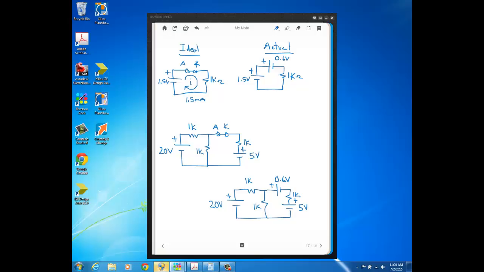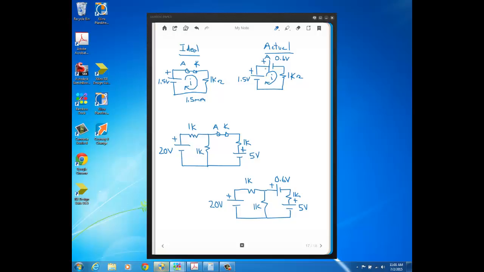Now, when you put this voltage source symbol to represent the forward bias actual diode, the plus side of the source always goes to the anode. And that's because when current flows through a diode, you're going to get a voltage drop. As this forward bias current flows through the diode, you drop voltage. So that's why the higher end of the source goes to the anode, since that's the end that the current's entering.